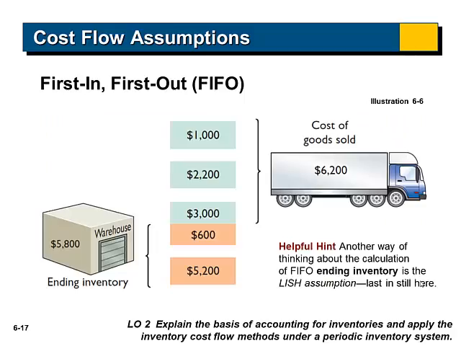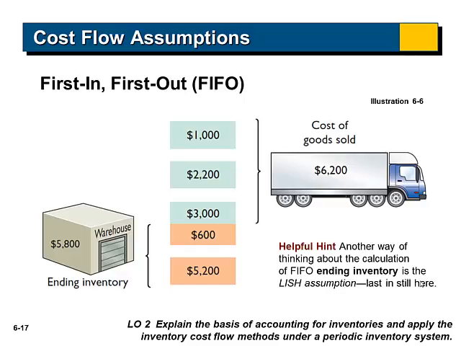If you look at the blue boxes, these are the total costs of the purchases that were made in January, the beginning inventory of $1,000, and then from February, $2,200, from April of $2,200, from August of $3,600, and then of November of $5,200.